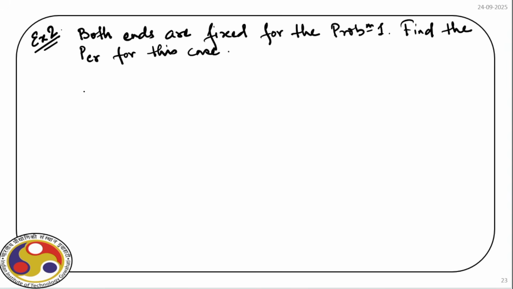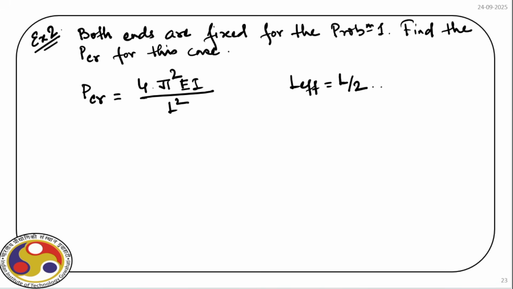Now, if both ends are fixed, we know P critical is 4 times pi square EI by L square. Recall, L effective in this case is L by 2. So it means we have 4 times pi square EI by L square. So this part is what we have already evaluated for the hinge case.